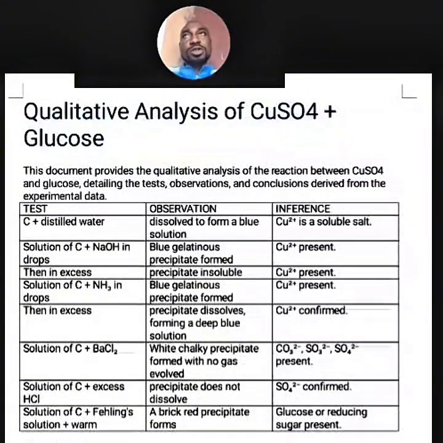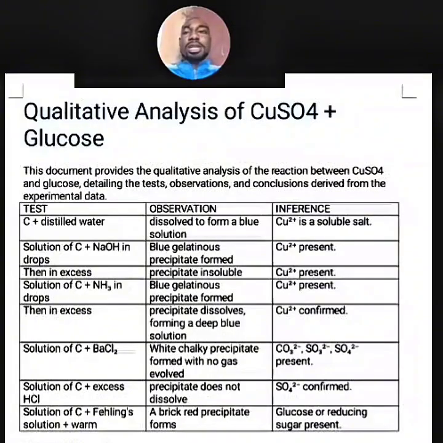Remember, our Fehling's solution is a mixture of Fehling's solution A and Fehling's solution B. Mix them in the right proportion and add it to your sample C. Nothing will happen when you add it till you heat.